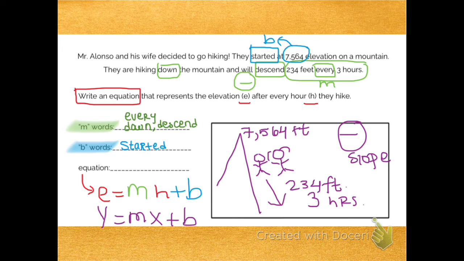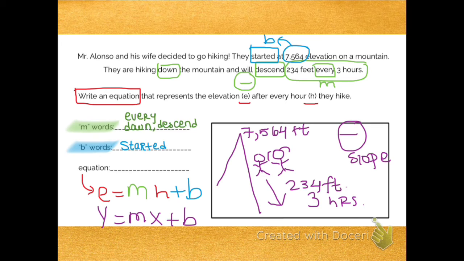Alright guys, so your paper should look like mine, where you have boxed started and that number is circled 7,564, so that the started is a keyword for B, the y-intercept, and that value is 7,564. And then the slope is described by saying that Mr. and Mrs. Alonso are going hiking down the mountain and will descend.